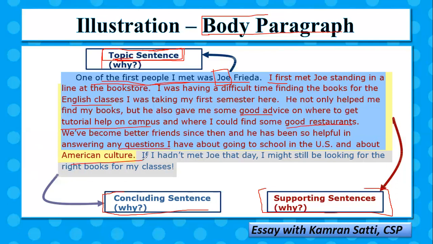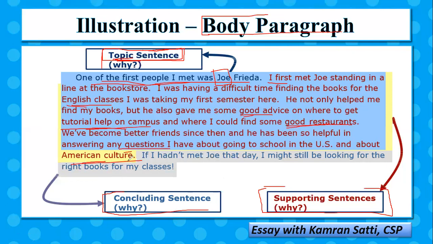So, in the introductory paragraph, we said that three friends made my schooling experience very good. Now these are the supporting sentences. These explain how Joe made my schooling experience very good. He helped me find books for English classes. He gave me good tutorial help on the campus, and he suggested some very good restaurants, and he also answered my other queries about American culture.